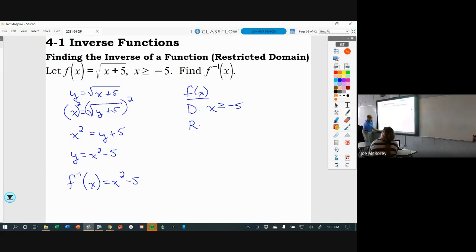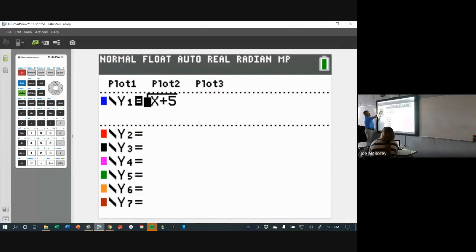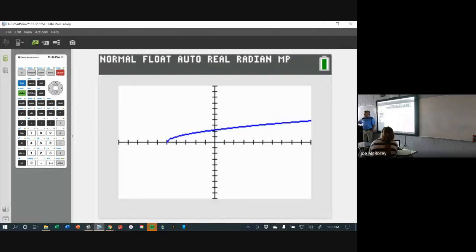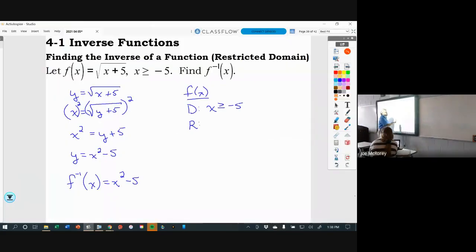If you want to look at it on the calculator, it looks like that. So again, what's the range of that function? Y is greater than or equal to 0. So the range of my original function is that. Are y'all with me on that part? Yes. Okay, I'm going to back up again.